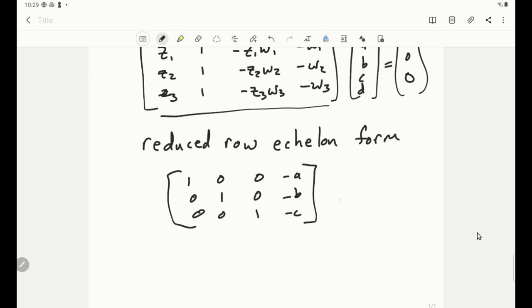Now to make things easier in the code, I slapped a negative in front of this to make it negative 1 0 0 A, 0 negative 1 0 B, and 0 0 negative 1 C.